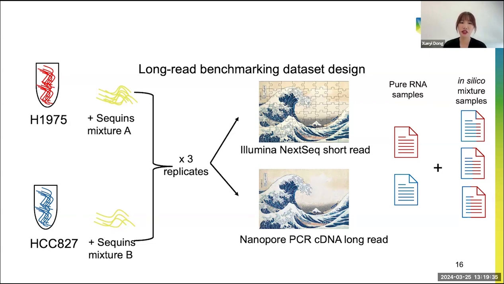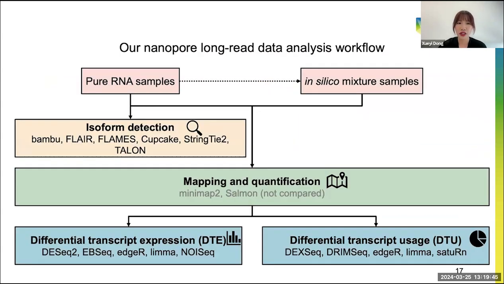After generating the pure RNA samples, we mixed the reads from the pure samples to create the in silico mixture samples. In our analysis, we performed isoform detection using 6 different tools.